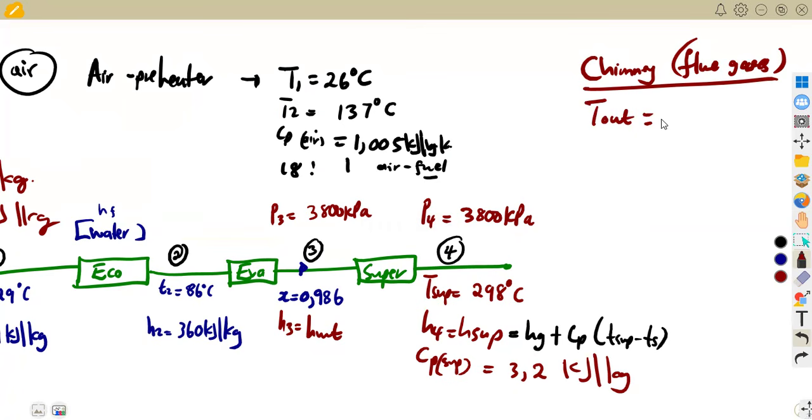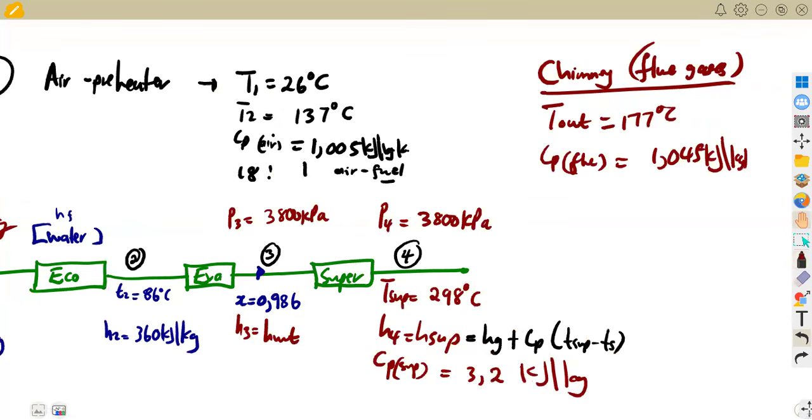That's 177 degrees Celsius, and also the specific heat capacity of the gases, which is the flue gases in this case. Let us just write flue gases, which, remember, is 1.045 kilojoules per kilogram Kelvin. That is what you're given there. We have this information, guys.